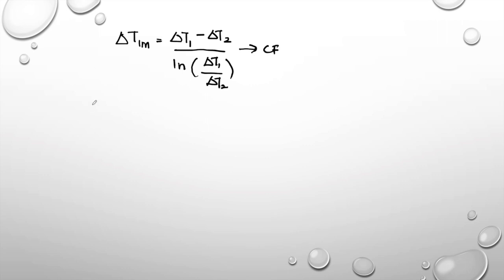Delta T1 is TH in minus TC out, and delta T2 is TH out minus TC in.